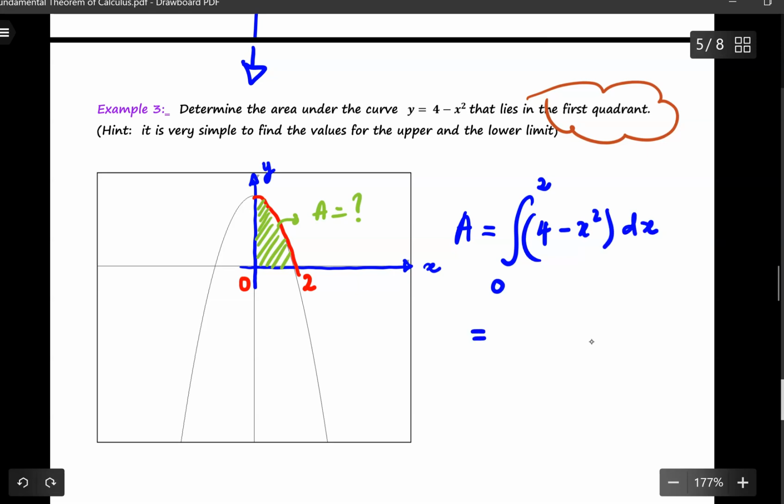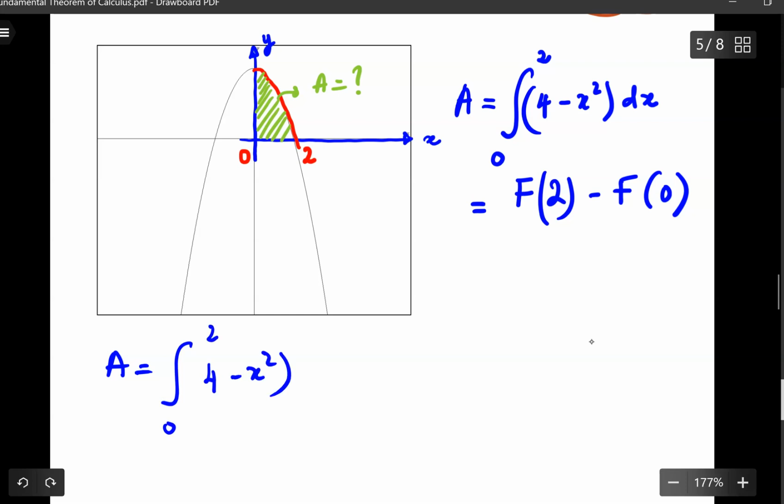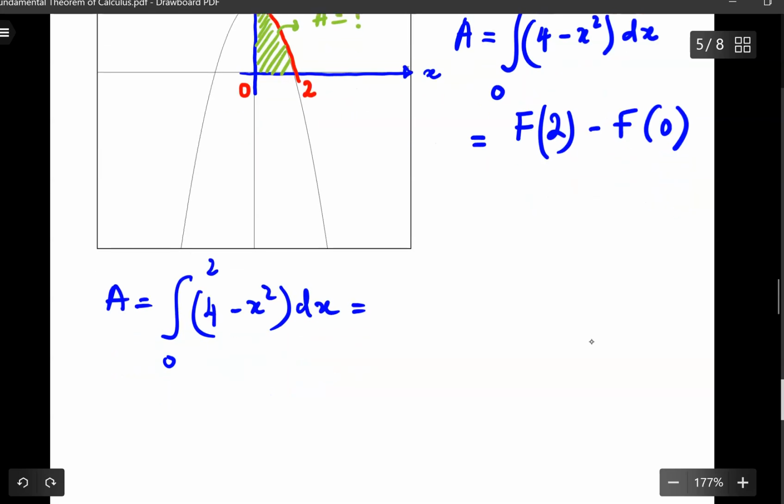So what it will be equal to is your F of 2, then subtract the F of 0. Let's work with this. Area from 0 to 2 of 4 minus x squared dx. Remember that I will skip a few steps here.